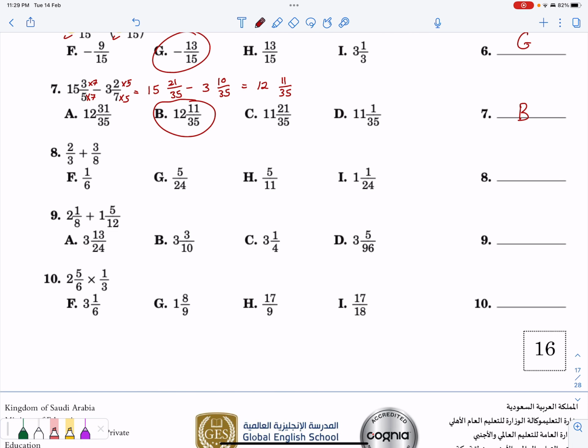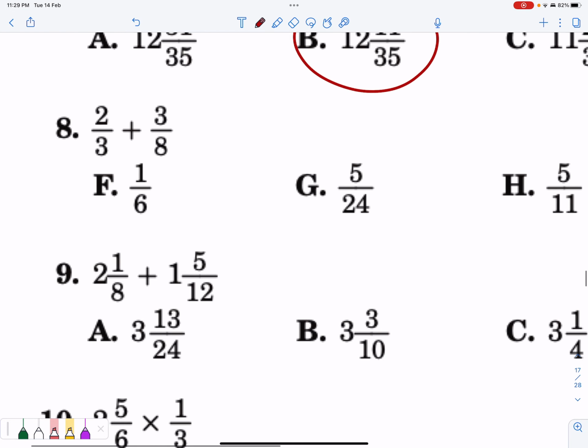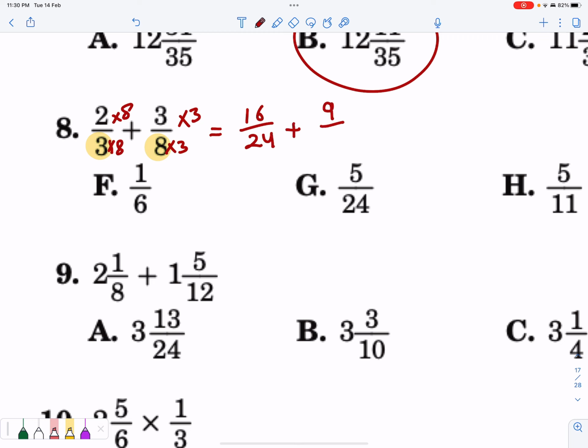After that, we have 2 over 3 plus 3 over 8. So again, you need to make the denominators the same, so you can add. I will multiply that by 8 up and down, and here by 3 up and down, because you multiply with the other denominator. So equals 2 times 8, 16 over 24 plus 9 over 24.